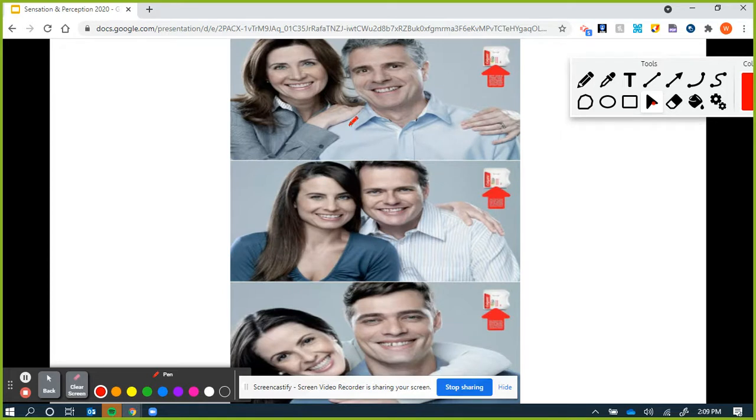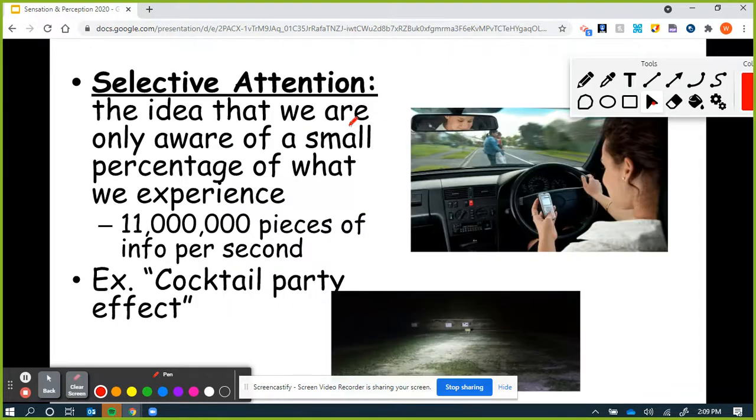All right. What do we notice versus what don't we notice? Just because sensory information is coming in doesn't mean that we always perceive it. What we perceive is based on what we are looking for, what we are trying to pay attention to.